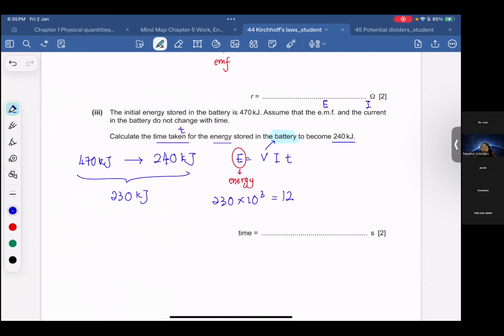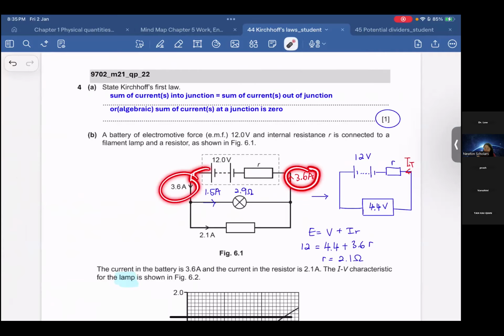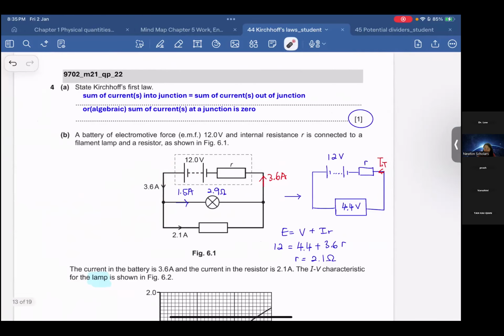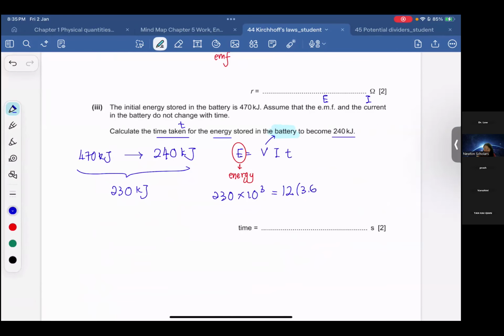Prasan, yes, correct. Wesley, correct. Sean, correct, yes. So what is the current? The current flowing in the battery, that means the current we should use is the total current, 3.6 ampere. So here, 3.6 ampere times t. So what is your t?